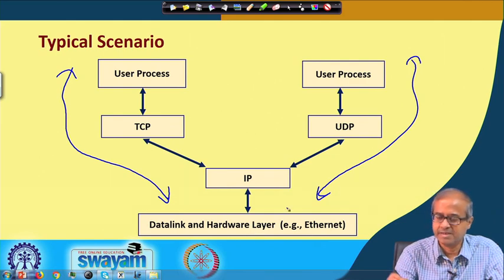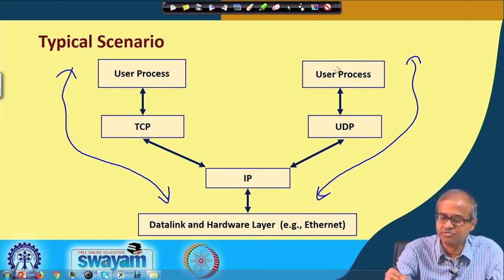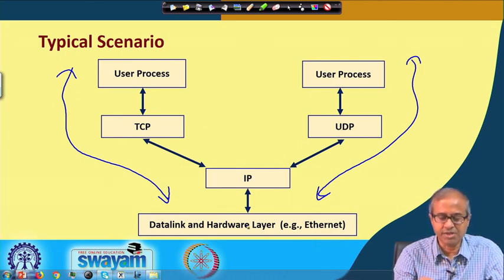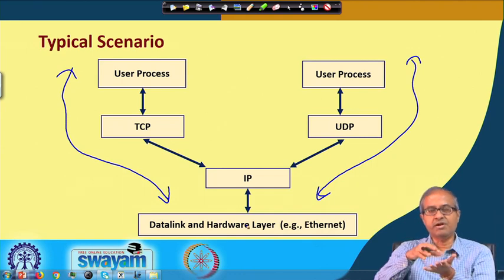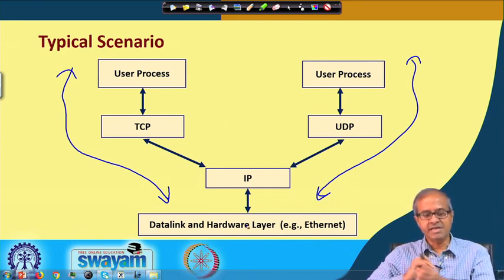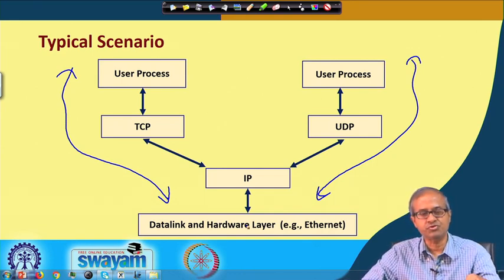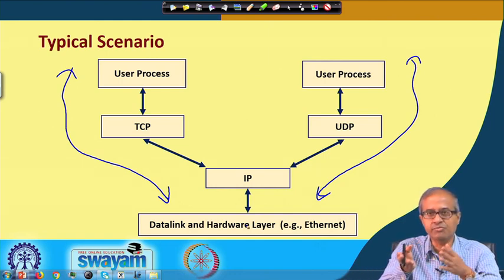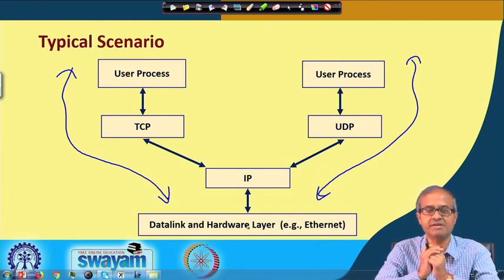Or you can use UDP, with the user process communicating with UDP, IP, then the hardware layer. So, when you are developing some application, you may choose to use TCP or you may choose to use UDP. Both options are available to you.